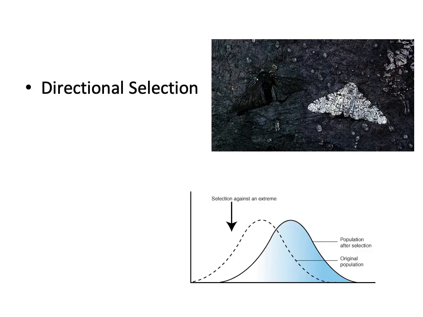Another type of selection is called directional selection. And this is probably what happens most of the time. In directional selection, the average characteristic of a population changes.